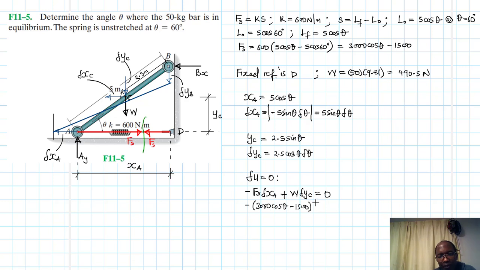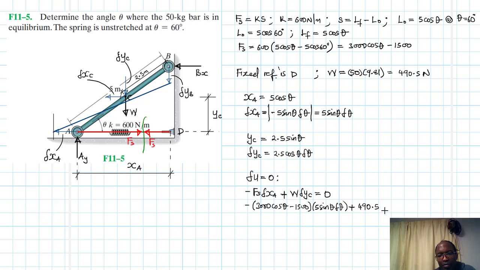Okay, del XA. What is del XA? It is 5 sine theta del theta, then plus W, which we calculated already, 490.5.